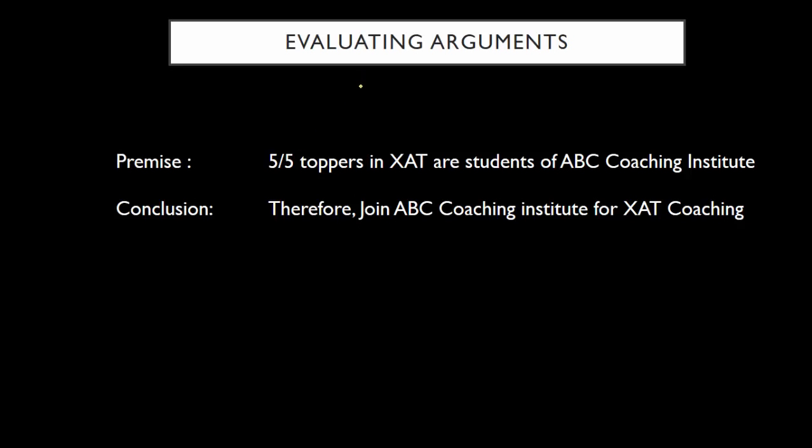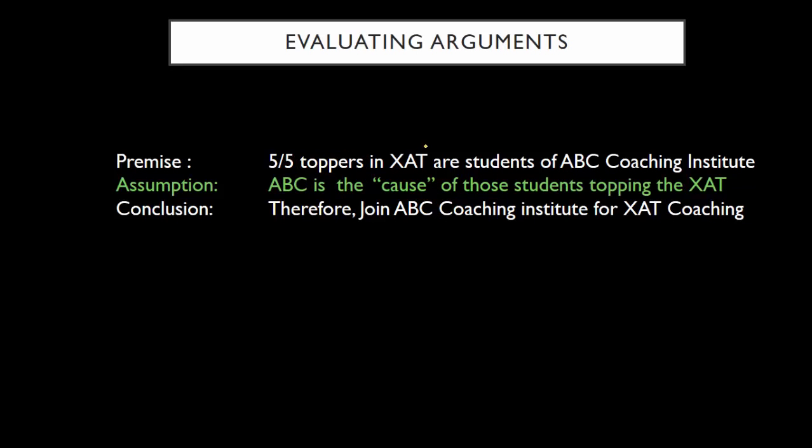Now, before we evaluate this particular argument, let's quickly understand the assumption. So you have to join ABC coaching. Why? Because there are toppers. So one assumption is that if there are toppers, then it becomes a great coaching. The second assumption is that ABC is the cause of those students topping the XAT.